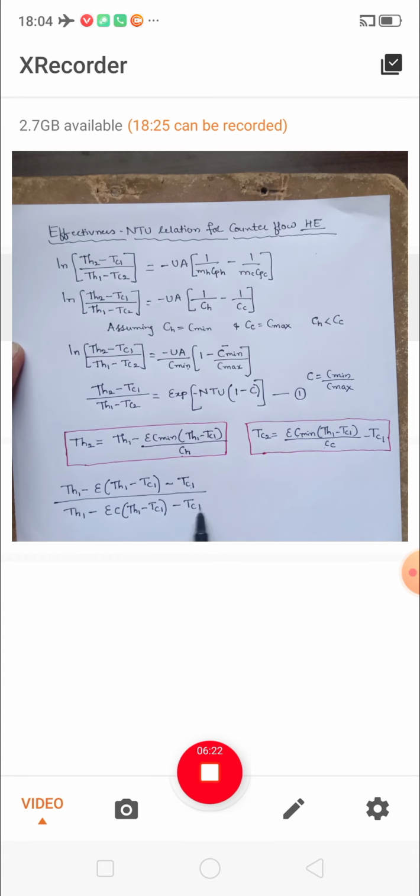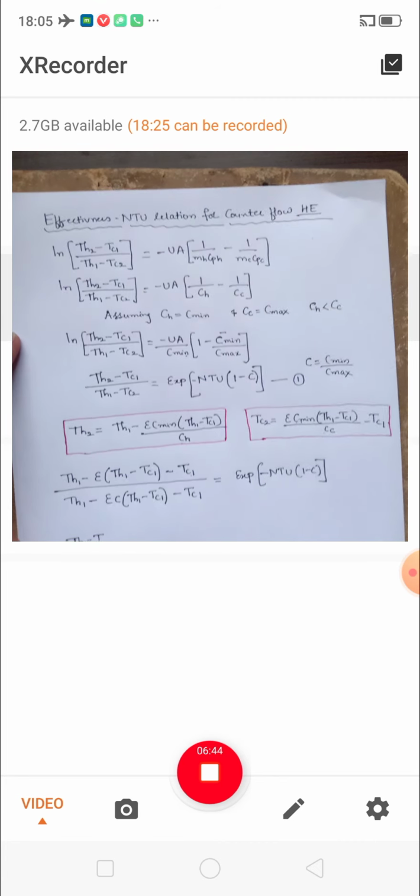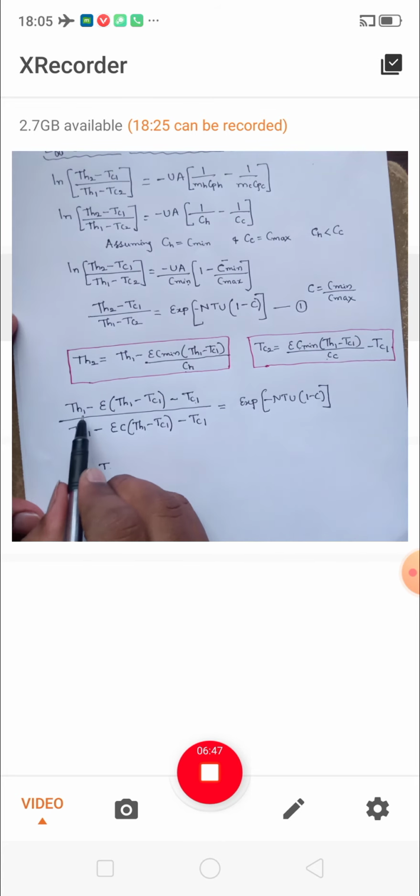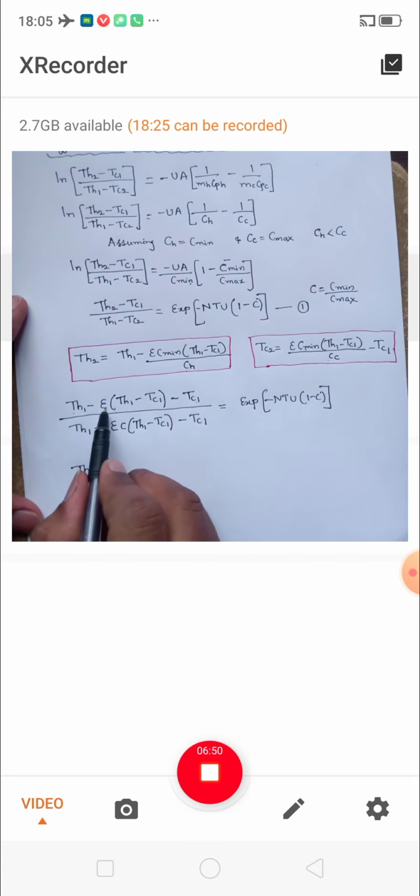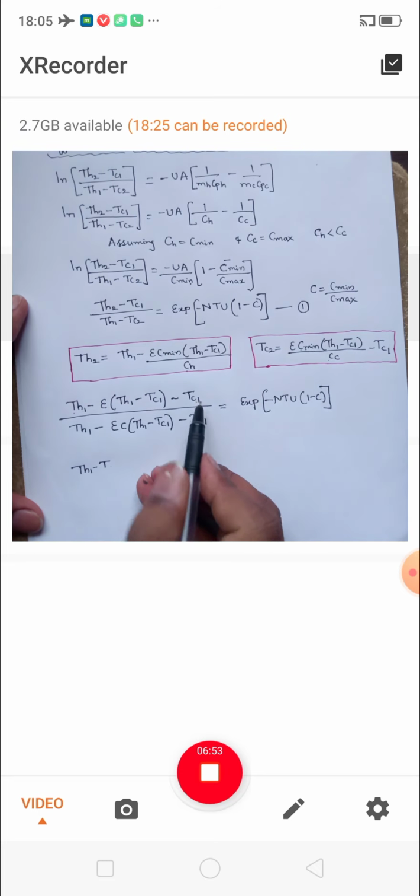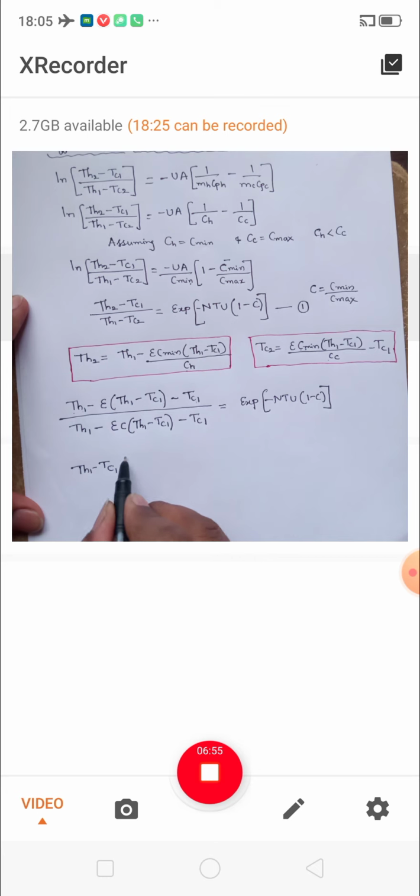This will be equal to exponential of minus NTU into (1 minus C). In the numerator, it is TH1 minus epsilon into (TH1 minus TC1) minus TC1, so I will take TH1 minus TC1 as common: (1 minus epsilon).